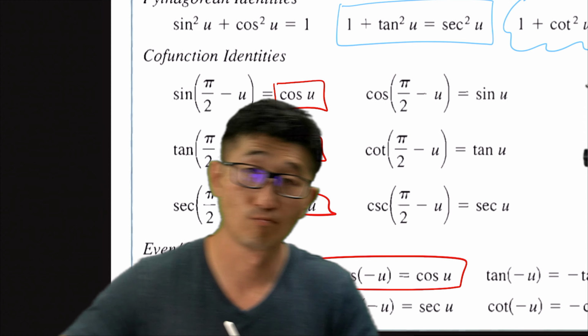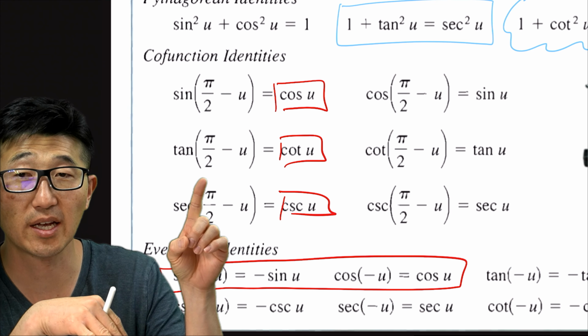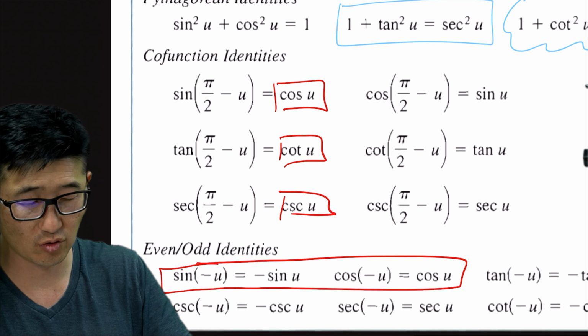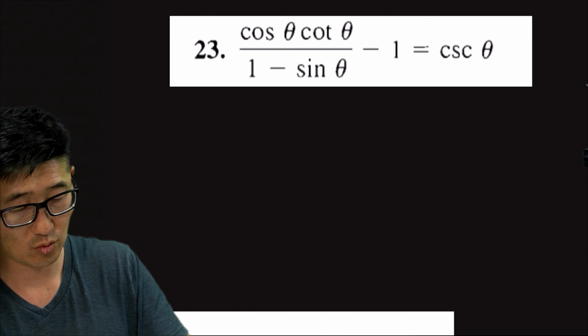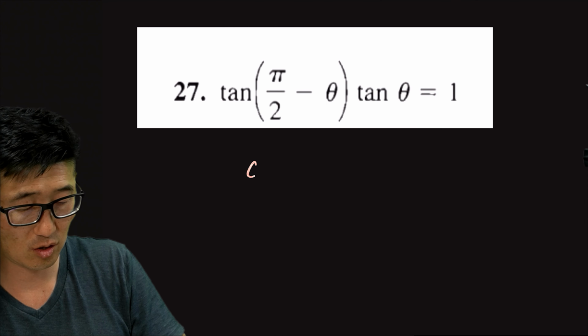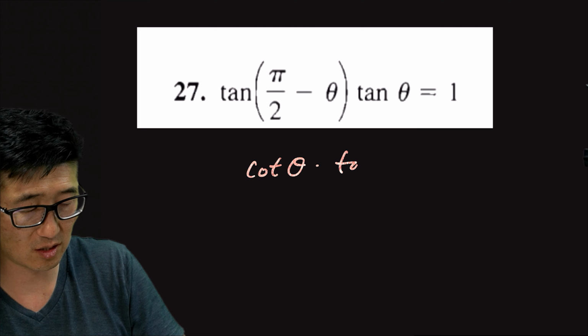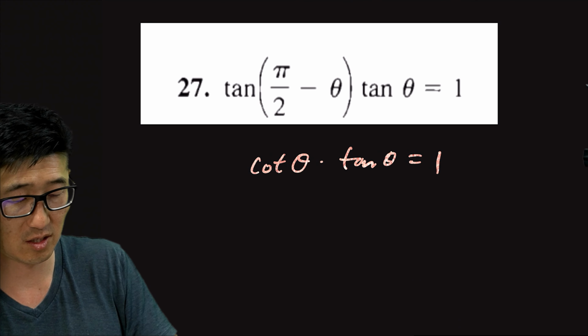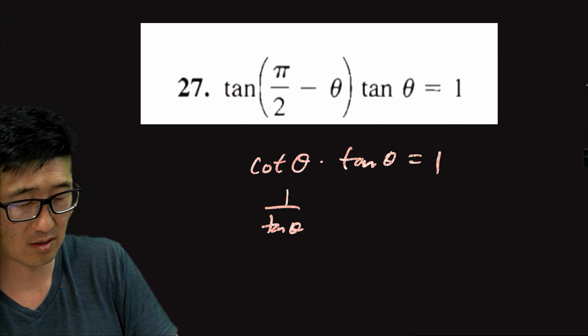Oh yes. Okay, look. What does tangent of pi over 2 minus u equal to? Cotangent u, right? So what is this equal to right here? Cotangent theta times tangent theta equals 1. And isn't that 1? Yeah. Because this is 1 over tangent, right? Yes.